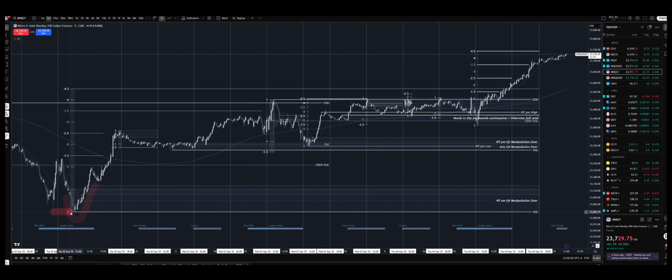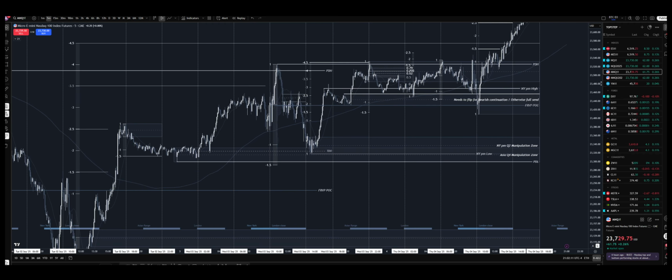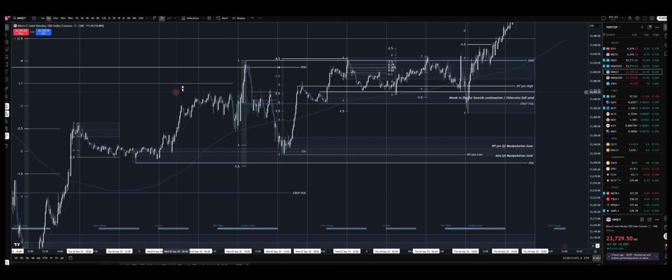A lot of the week we had SMT here at the low with ES. And then we come back, so we hit SD 1.5, shoots through, only a small pullback there, SD 2.5. This becomes our re-accumulation zone, and then we push up to SD 3.5 here.